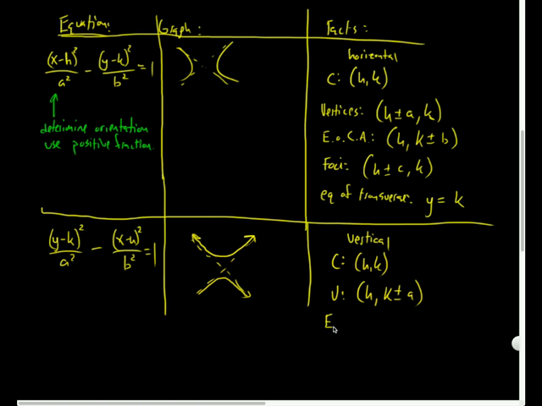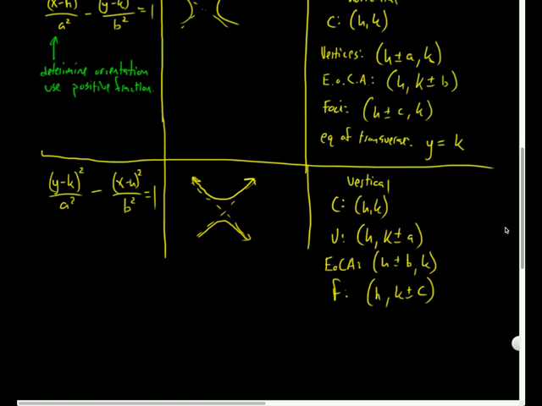The endpoints of the conjugate axis would be h plus or minus b, comma k. The foci would be h comma k plus or minus c. So once again, the foci exist on the same axis as the vertices do.